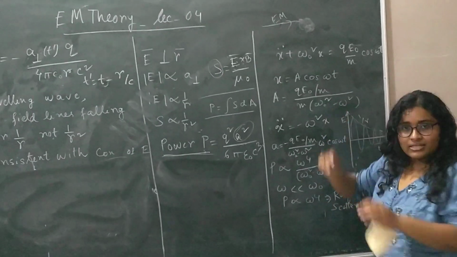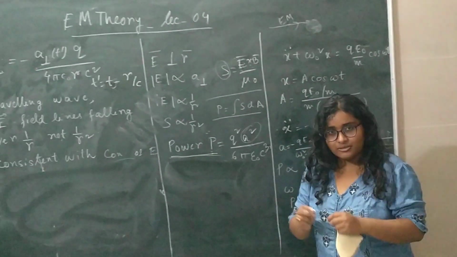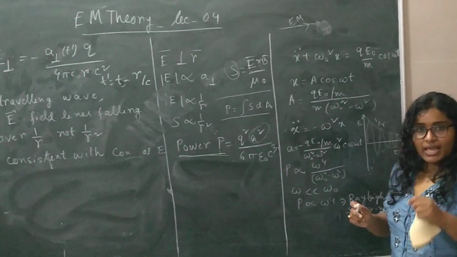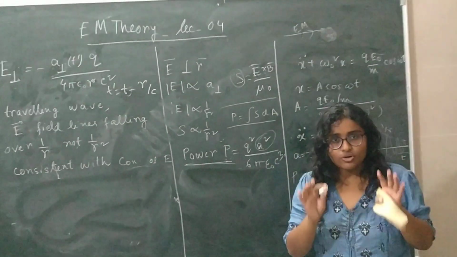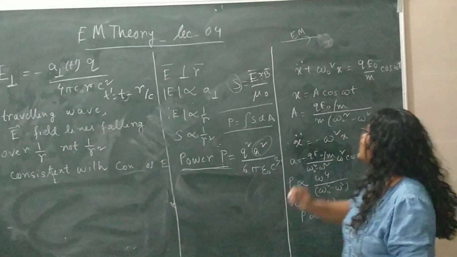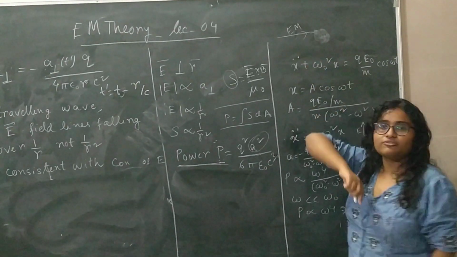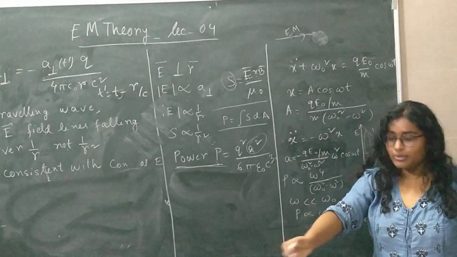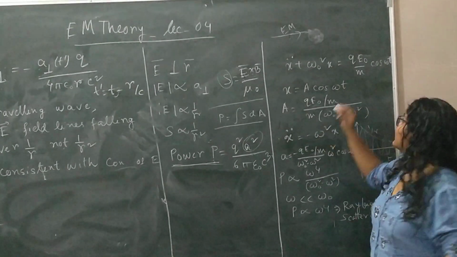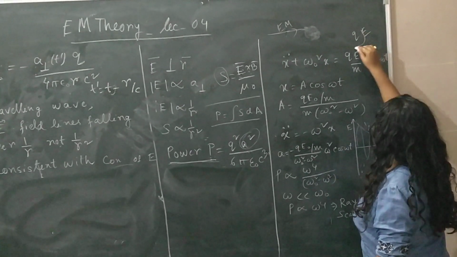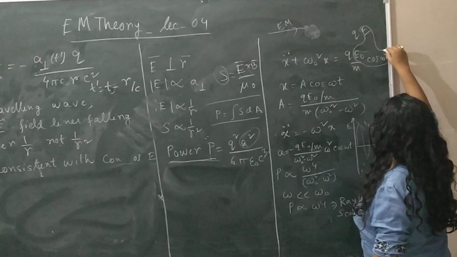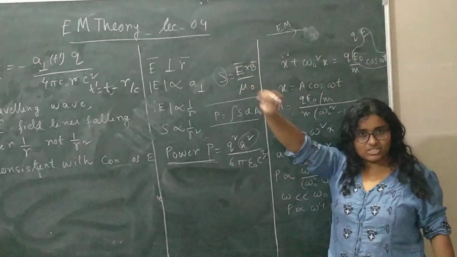So it will act as an oscillating dipole, with a forced oscillatory motion, because the incident electric field will give it a force q into E, where E is E naught cos omega t, the electric field of the incident electromagnetic radiation.